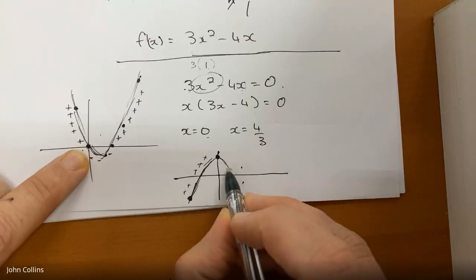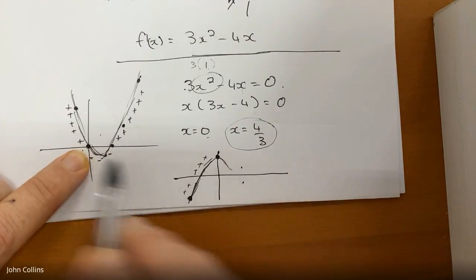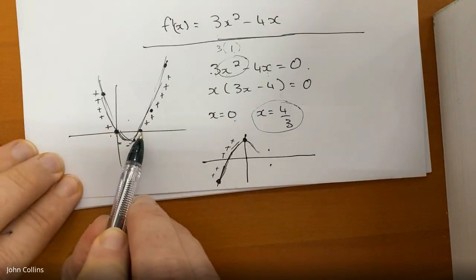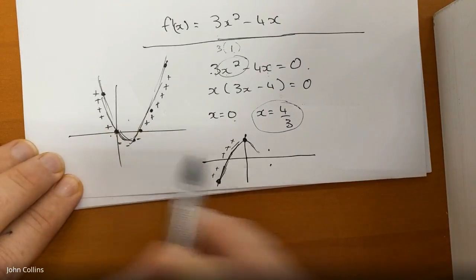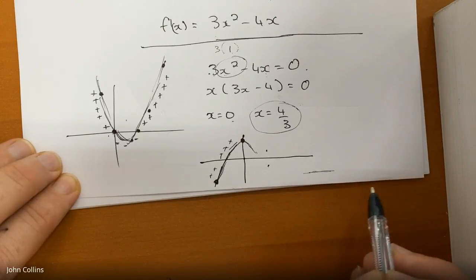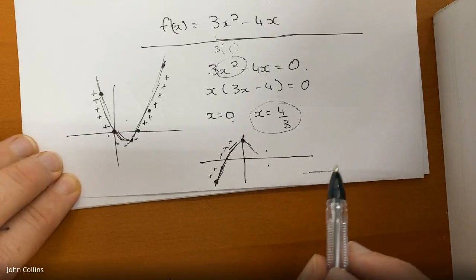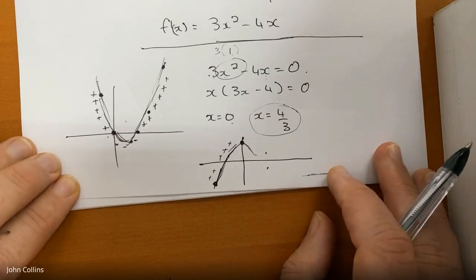Okay. So I know that at the second place, x equals 4/3, it stops. It turns again. It's another stationary point. The slope of the tangent is flat. Is that point above or below the x-axis is the question.